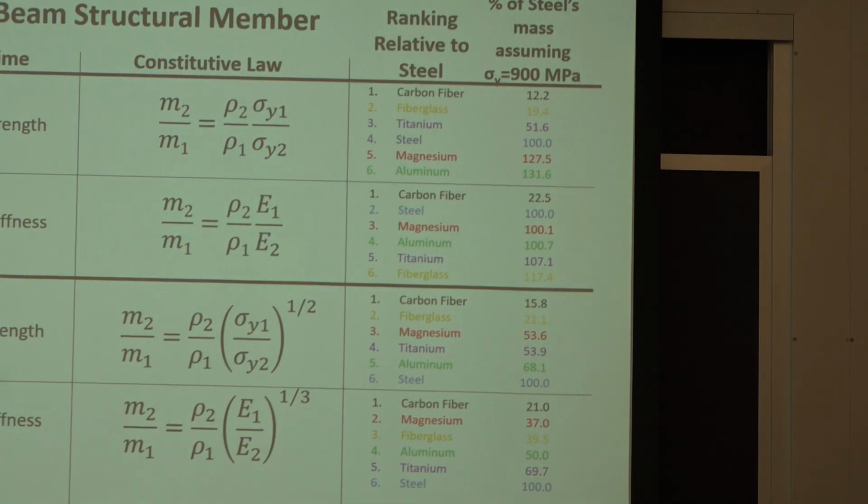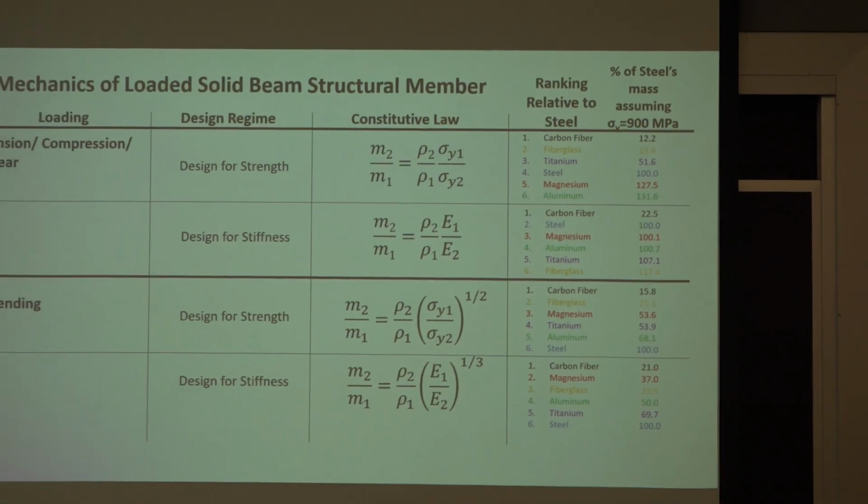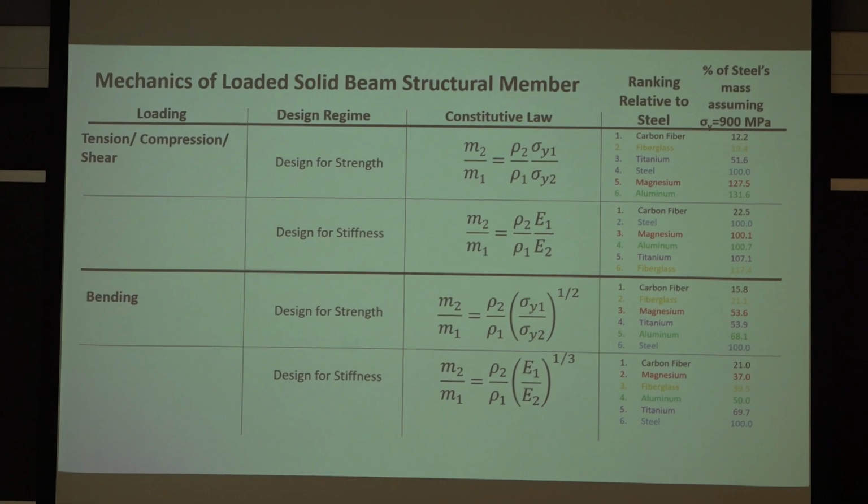For example, when you are under tensile or compression and you're doing a design for stiffness, you can actually do better with steel than magnesium, aluminum, titanium, and fiberglass. That's because steel has a very high stiffness. Remember I told you before, the stiffness of steel, the Young's modulus, basically doesn't change with alloy. It stays really close to the same, within a couple of percent.